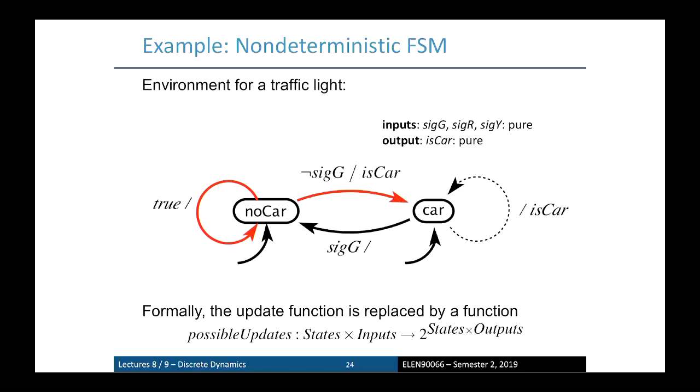So for instance, here in the no car state, we have a loop back. The guard is true, so that's always enabled. But sometimes via this other signal, if this signal's absent here, it could also go to this other car state.